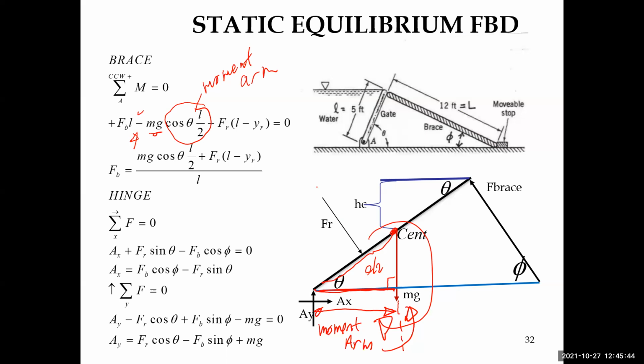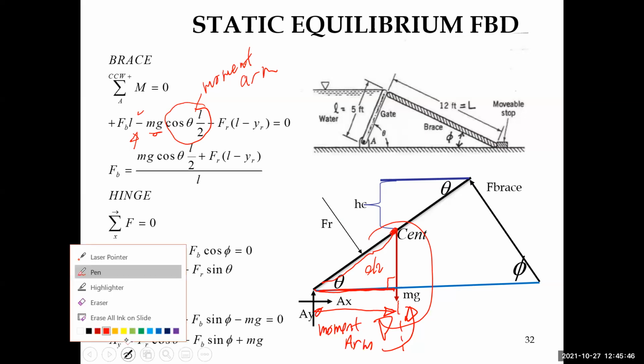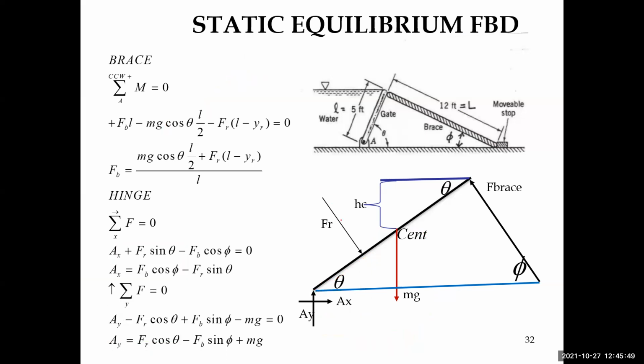Let's look at F sub r. F sub r is also acting normal to the gate. And so its moment arm is this distance here. This is the moment arm for the reactionary force F sub r.